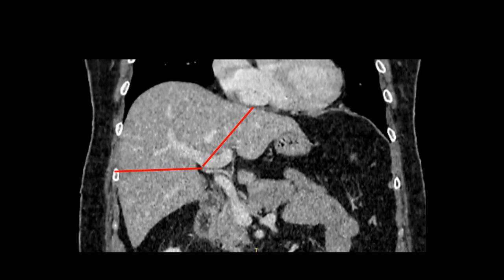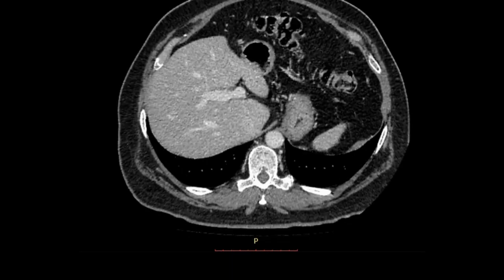Actually all this is 3-dimensional and the portal plane is not completely horizontal, but we now know that the portal plane helps to divide the liver into superior segments and the inferior segments. The superior segments, as we already discussed, are 2, 4, 8 and 7, and the inferior segments are 3, 4, 5 and 6. So let's head back to the axial section.